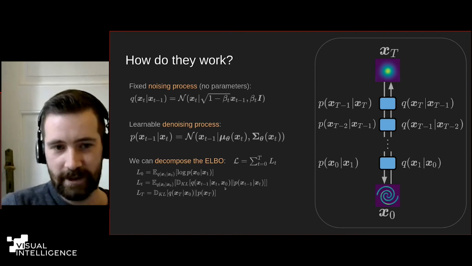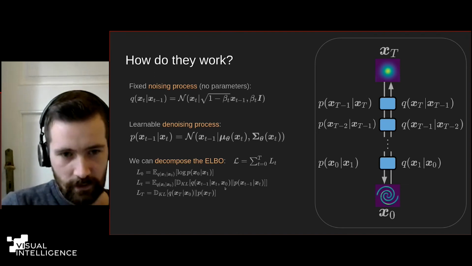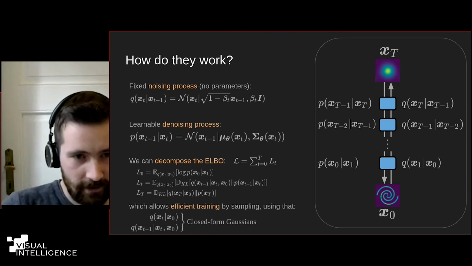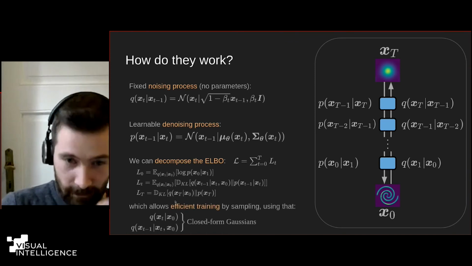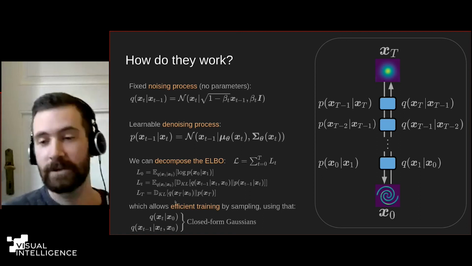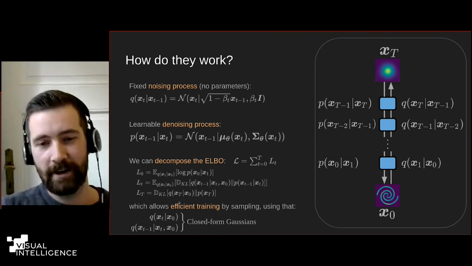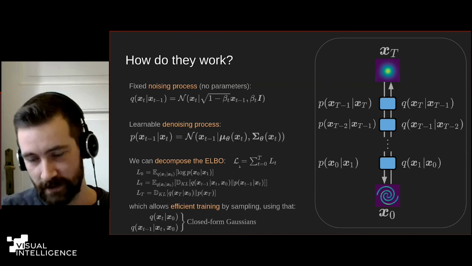And actually, all of these are relatively easy to compute. So we can train them very efficiently by sampling these terms of the objective.